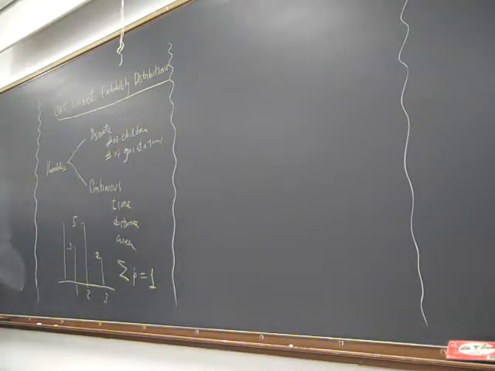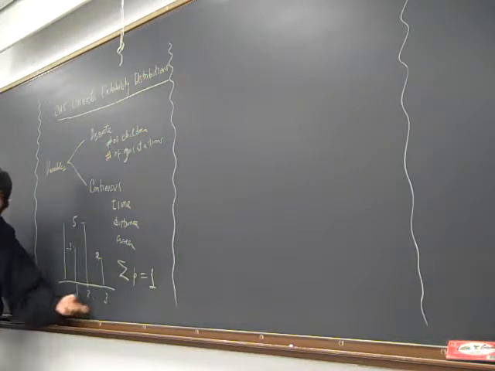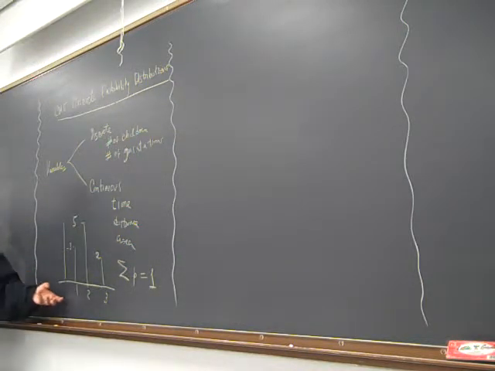So basically that is a discrete probability distribution: how the probabilities are distributed for a random variable that can take different values, depending on probabilities.